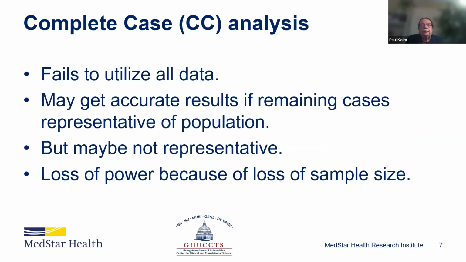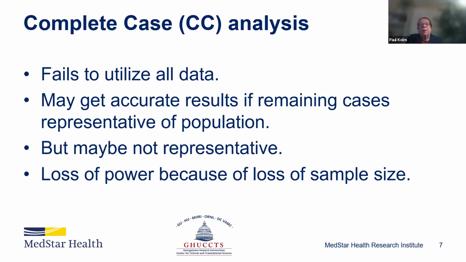So when we do a complete case analysis, what we mean by that is we're going to use only the observations or the patients or subjects that have complete data on all the variables. And so obviously this is ignoring some data, the missing data.